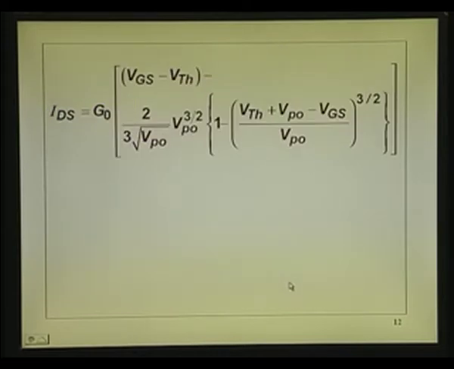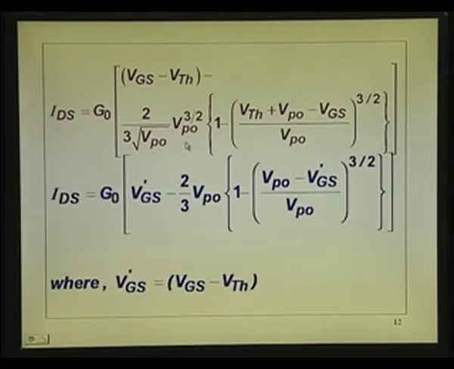Now, let us see how this will work out. You have 2/3 of Vp0 here. Instead of keeping on writing VGS minus V threshold, we will call it VGS dash. When I write VGS dash, that is VGS minus V threshold, and this term is Vp0 to the power 3 by 2 by root of Vp0.